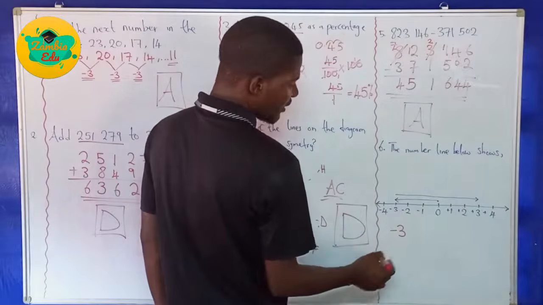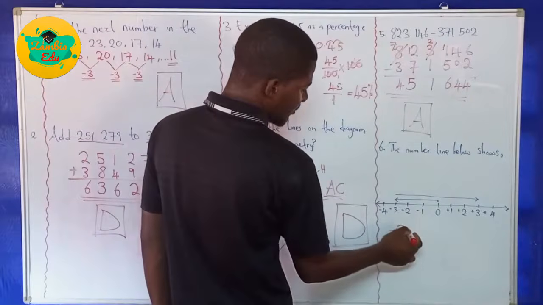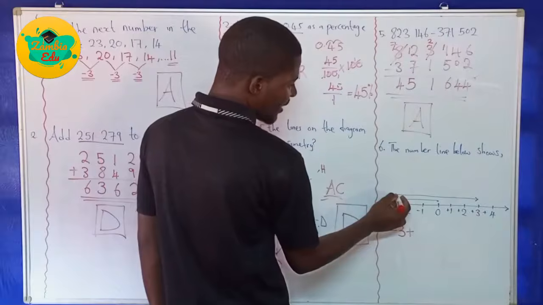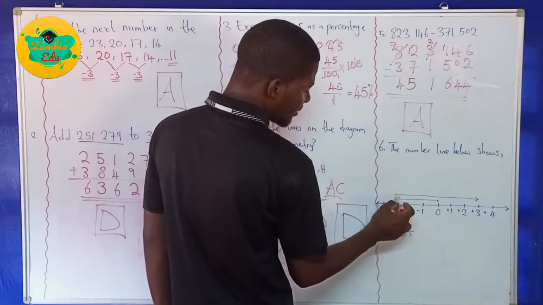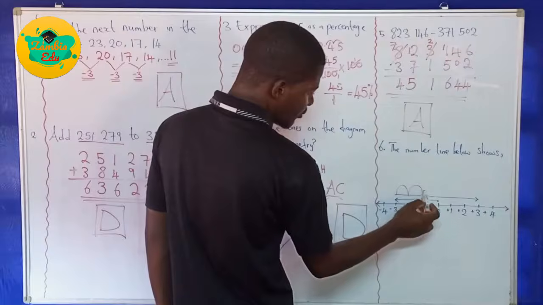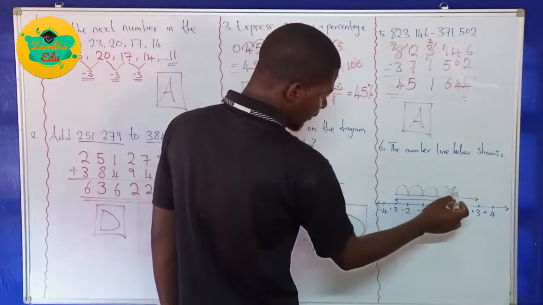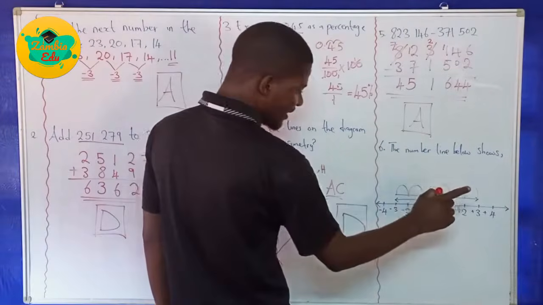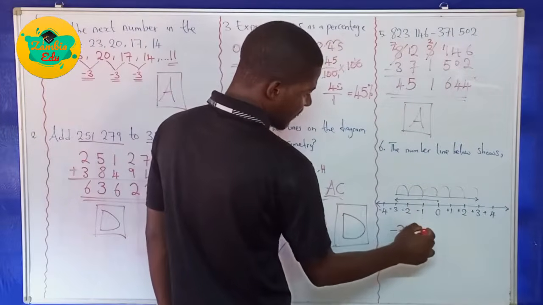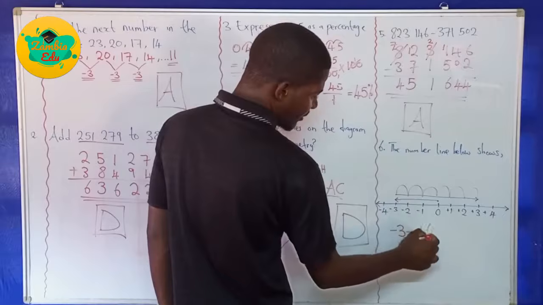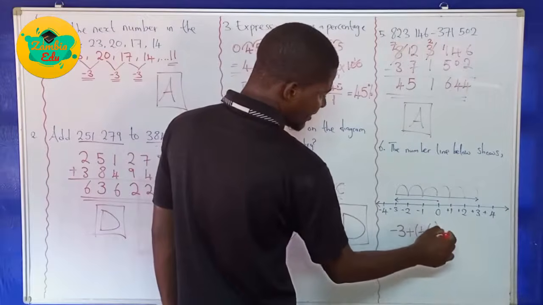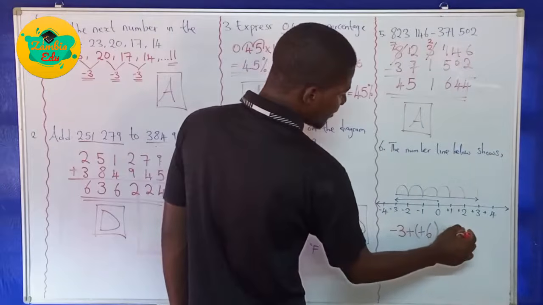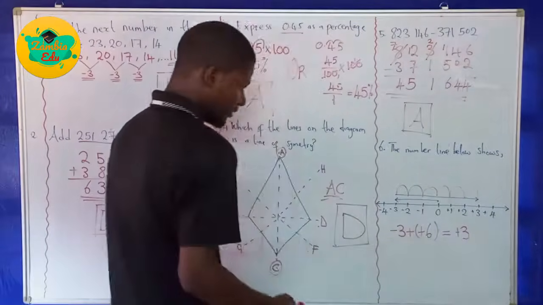-3 plus, then the second line starts from -3 and moves how many steps? 1, 2, 3, 4, 5, 6. Moves 6 steps in the positive direction. So we have 6 steps in the positive direction for it to give us the answer, positive 3.